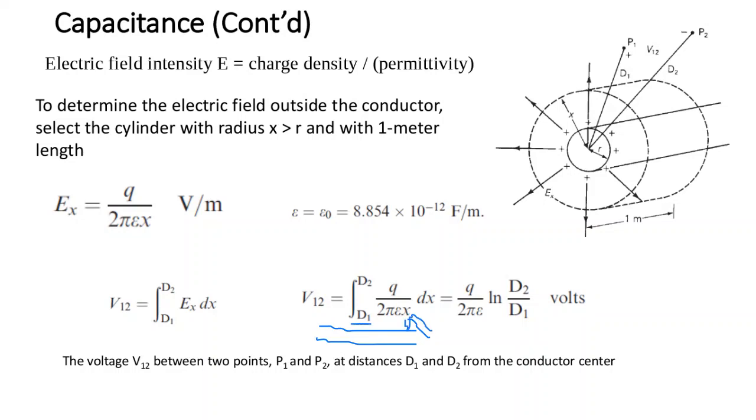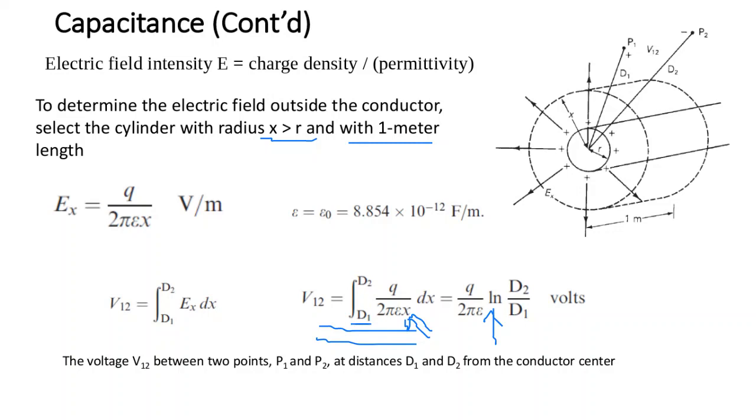This is x. x is greater than the radius, with 1 meter length. When you see x in the denominator, it should come to your mind that we put the natural log, because it is the integration of 1 over x.